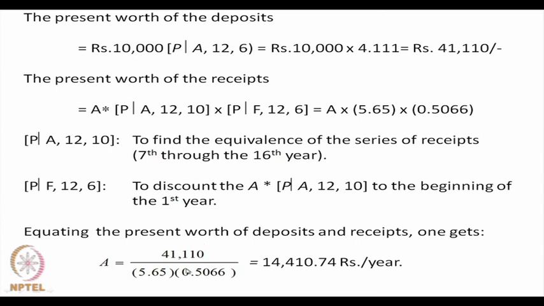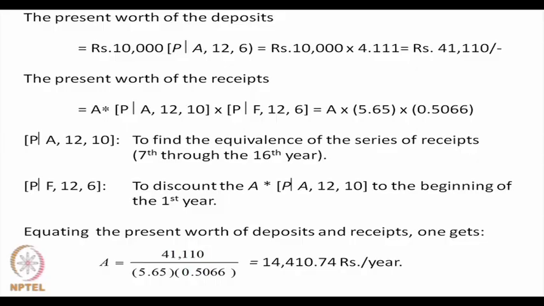That is what we have written here, and that comes to 14,410 rupees 74 paise. It means that if the person deposits for 6 years consecutively 10,000 rupees, then he will get back 14,410 and some paise for the next 10 years.